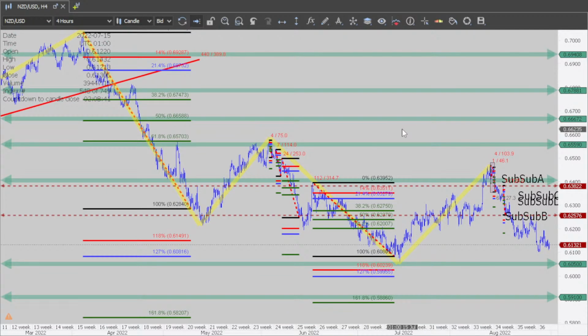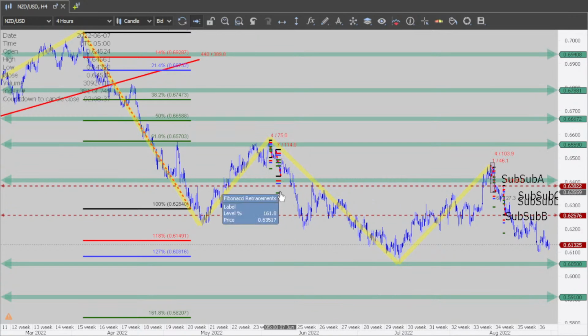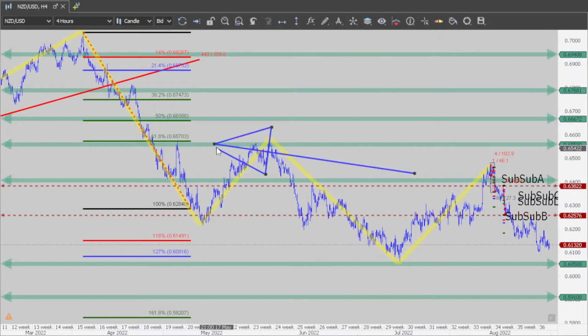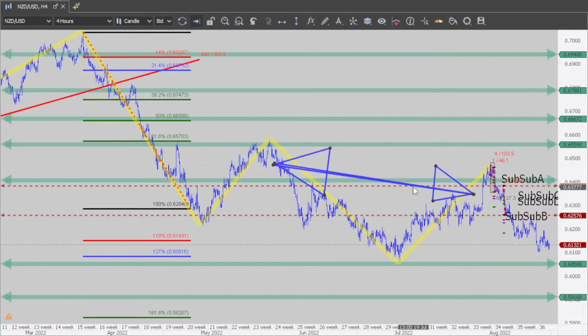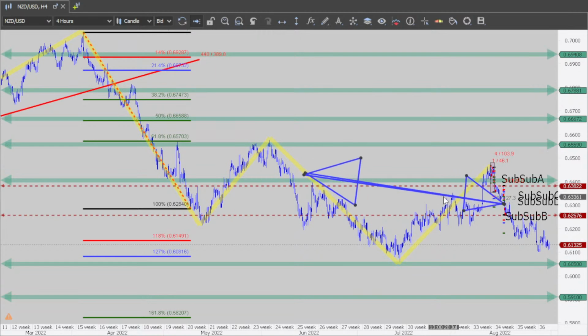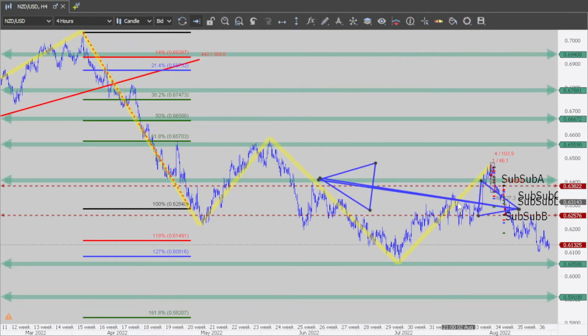It's difficult for me to change colors, so let's delete this one, this one, this one. Everybody, if you are confusing the original Fibonacci with the Fibonacci of the confirmation, change the colors of the Fibonacci of the confirmation. This is the best practice.